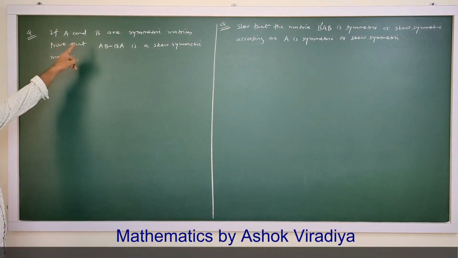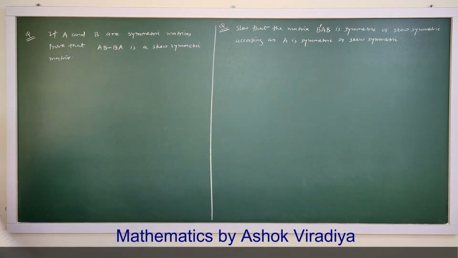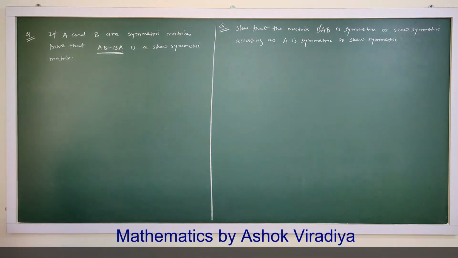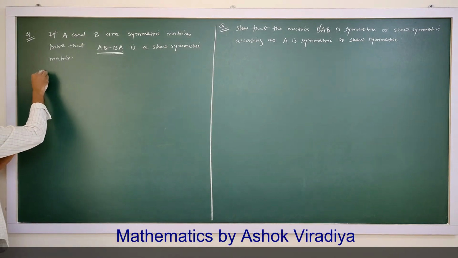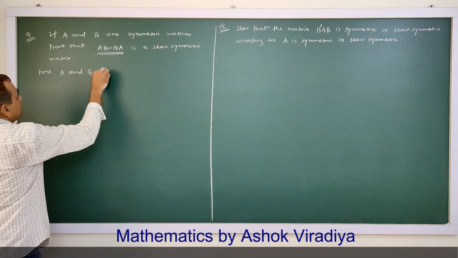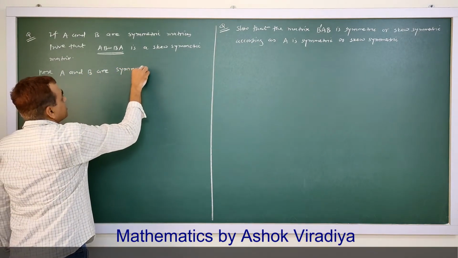If A and B are symmetric matrices, prove that AB minus BA is a skew symmetric matrix. Say here A and B, these are symmetric matrices.